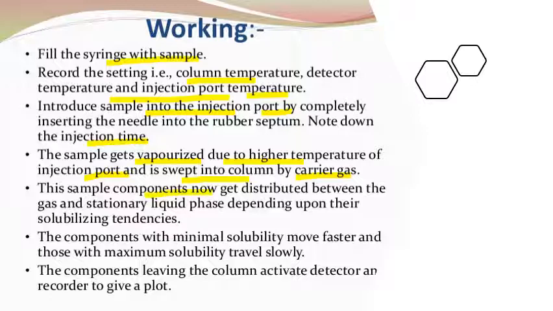The sample components get distributed between the stationary liquid phase or the stationary solid phase. If we are using a liquid phase, they distribute depending on solubility tendency. That means the constituents which are less soluble move faster, and those which are highly soluble move slower. Likewise, for the stationary solid phase, the constituents which have greater affinity towards the stationary phase move slower, and those which have lesser affinity move faster.